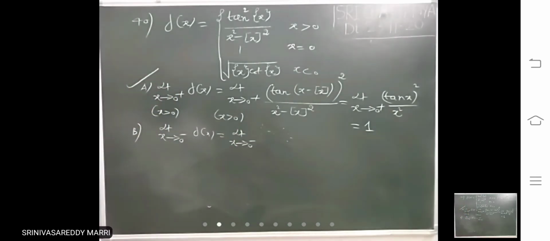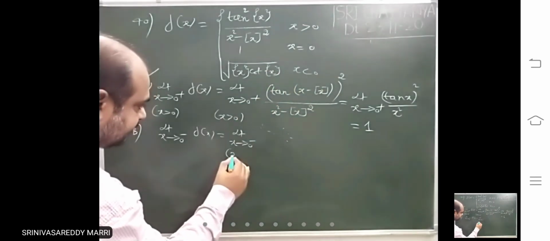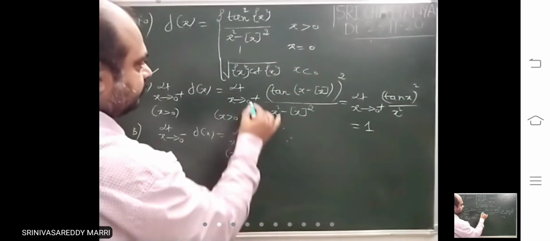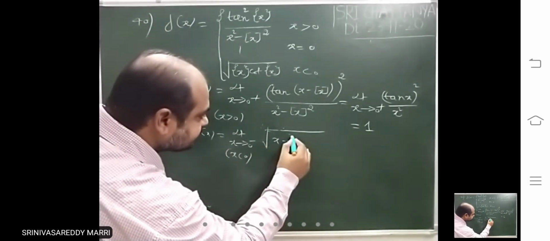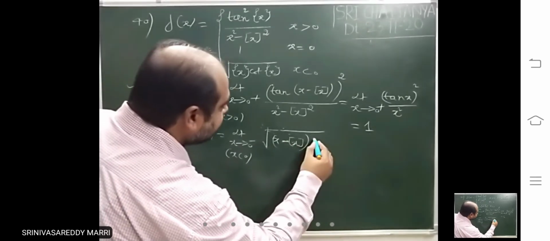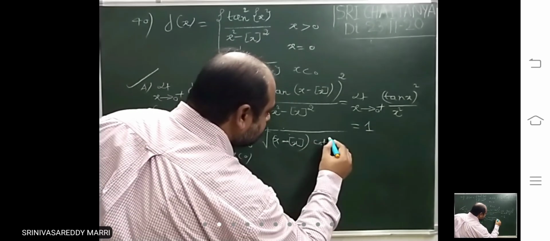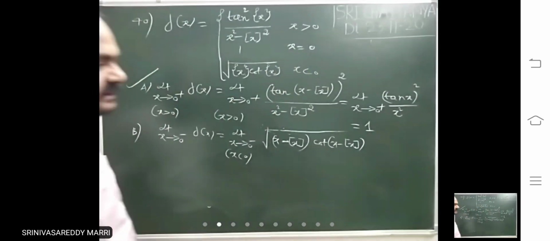What is the function for 0 minus? x less than 0 means this one: root of, you write the definition of fractional part of x, that is x minus [x], into cot of x minus [x].